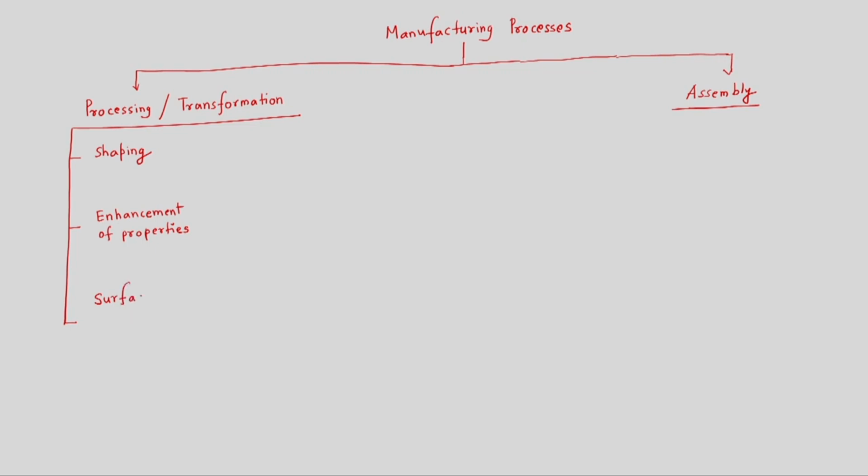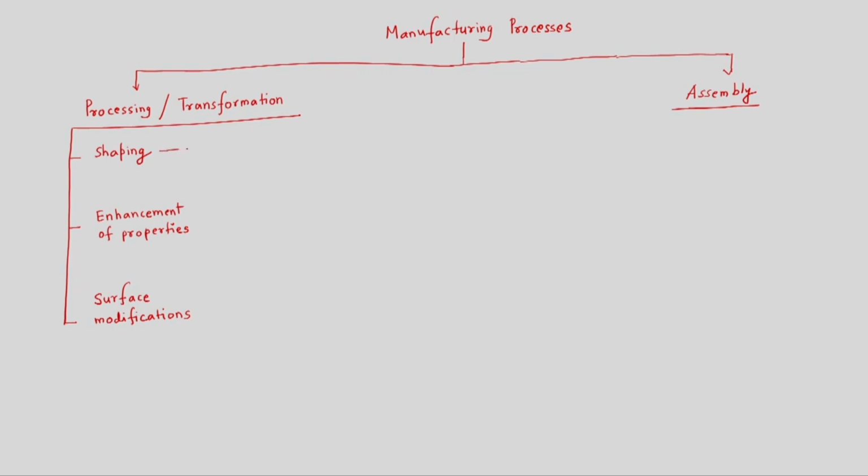So, we generate the products, but later we want to modify their surfaces, that is called as the surface modifications. The surface modifications may be needed to improve the wear properties, the lubrication properties, cleaning, texture, the coatings, color, appearance.